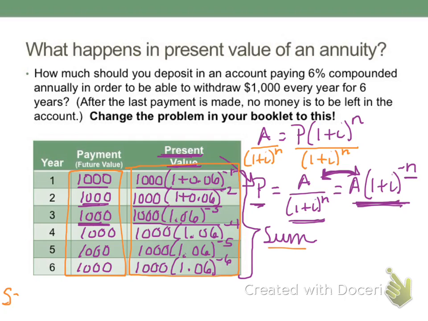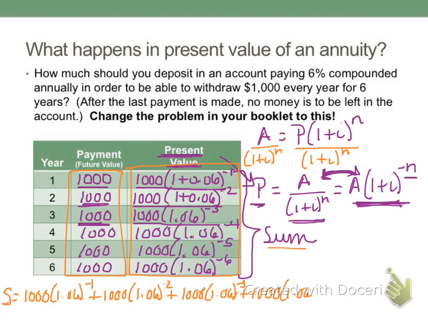So that means S is going to equal the 1,000 times 1.06 to the -1 power plus the 1,000 times 1.06 to the -2 power plus 1,000 times 1.06 to the -3 power plus 1,000 times 1.06 to the -4 plus 1,000 times 1.06 to the -5, and I think I'm just going to make it 1,000 times 1.06 to the -6.